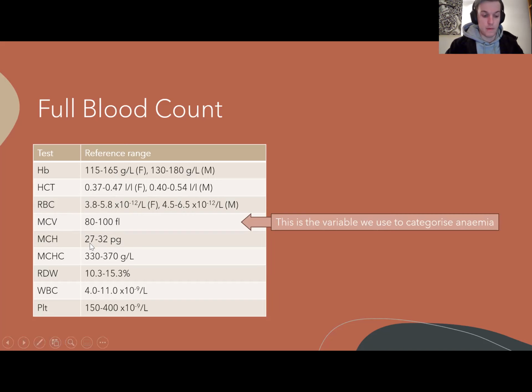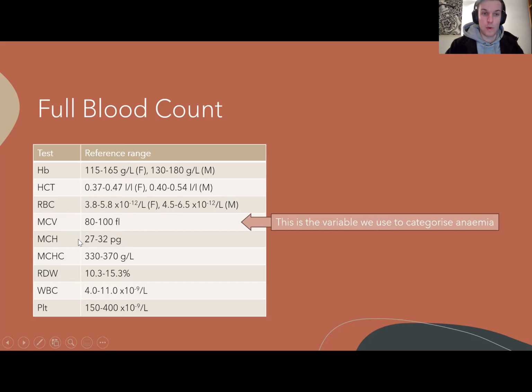Different causes of anemia produce different size red blood cells, and it's the quickest way for us to categorize. And then just very briefly, you've got the average amount of hemoglobin per cell, which is the mean corpuscular hemoglobin. We've got the mean corpuscular hemoglobin concentration, which is the average amount of the red blood cell that is taken up by hemoglobin. We've got the red cell distribution width, which is an idea of, from the smallest to the biggest red cell, how closely are they grouped?